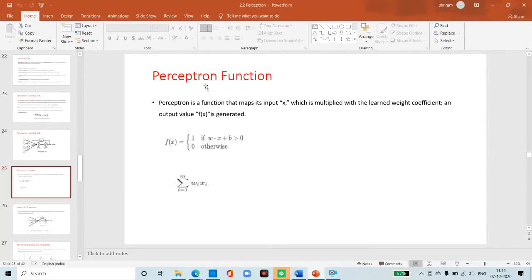W is a vector of real-valued weights, b is the bias, an element that adjusts the boundary away from the origin without any dependence on the input value, and x is the vector of input values. Here m is the number of inputs to the perceptron, i equal to 1 to m. The output can be represented as 1 or 0, or as 1 or minus 1, depending on which activation function is used.